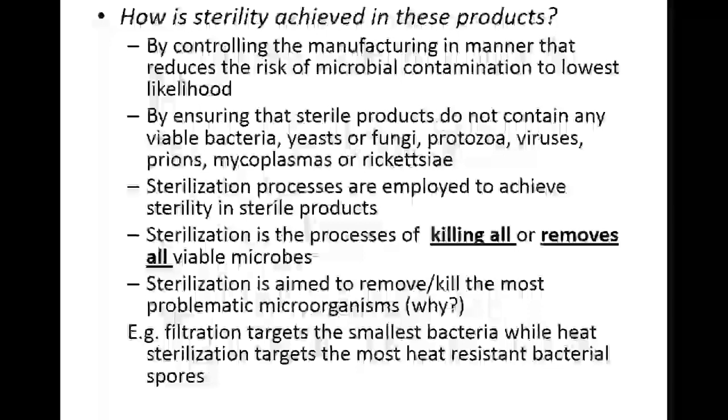Kuna baadhi ya bacteria, either gram-positive or negative, wanapenda kuform spore. Na tulisema bacteria ambao wana spore, it is very resistant. How we can manage it, how we can kill it or remove it from that product is by sterilization.